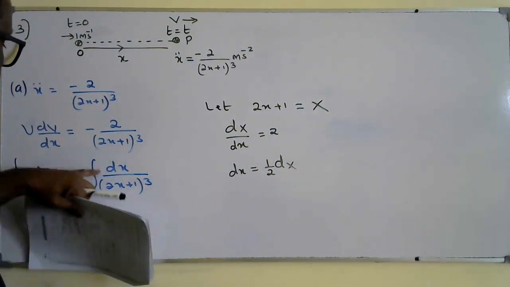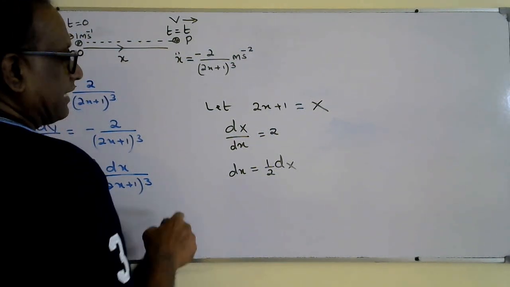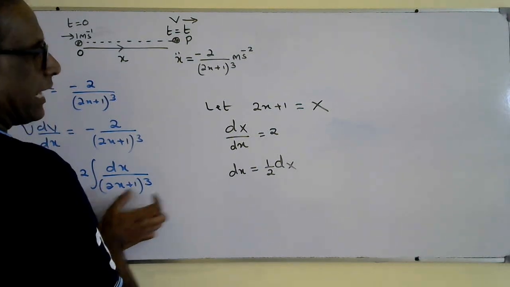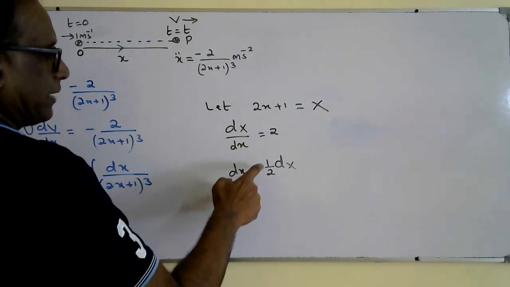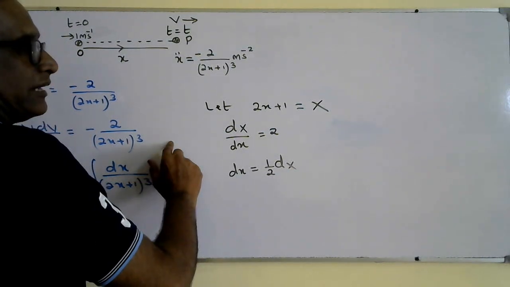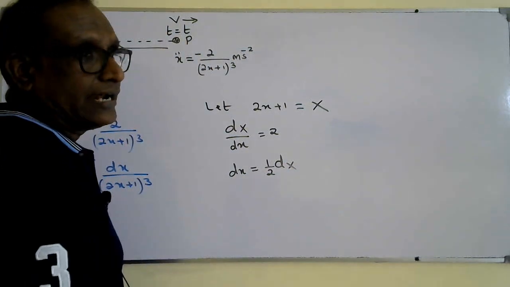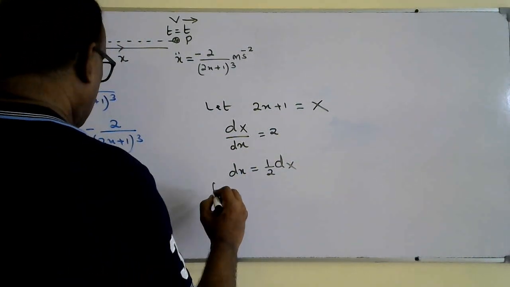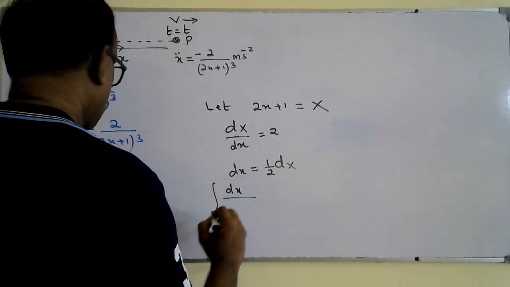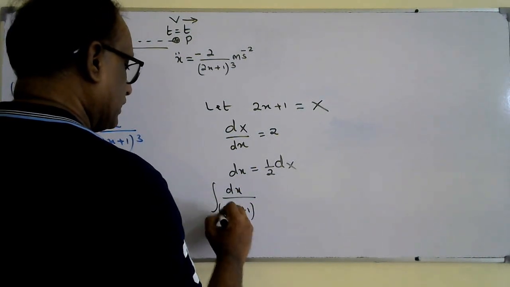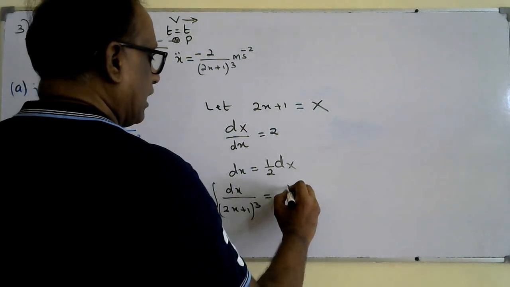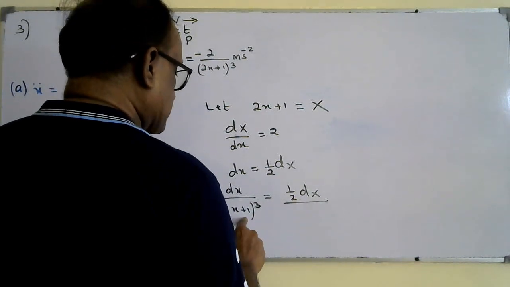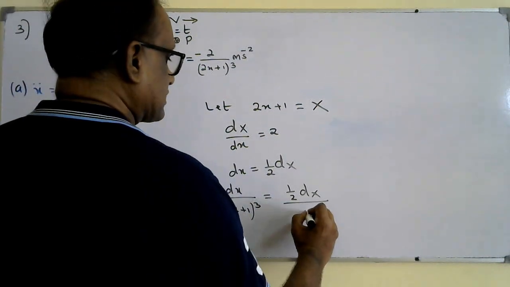Or better, remember, if you have an integration in this format, you can continue with this. Instead of (2x plus 1) all the cube, you can put X cube, and instead of dx, you can put half dX. So X cube will go up, it will become X to the power minus 3, and it will be an integral. The integral of dx over (2x plus 1) all the cube could be written as half dX over X cube.